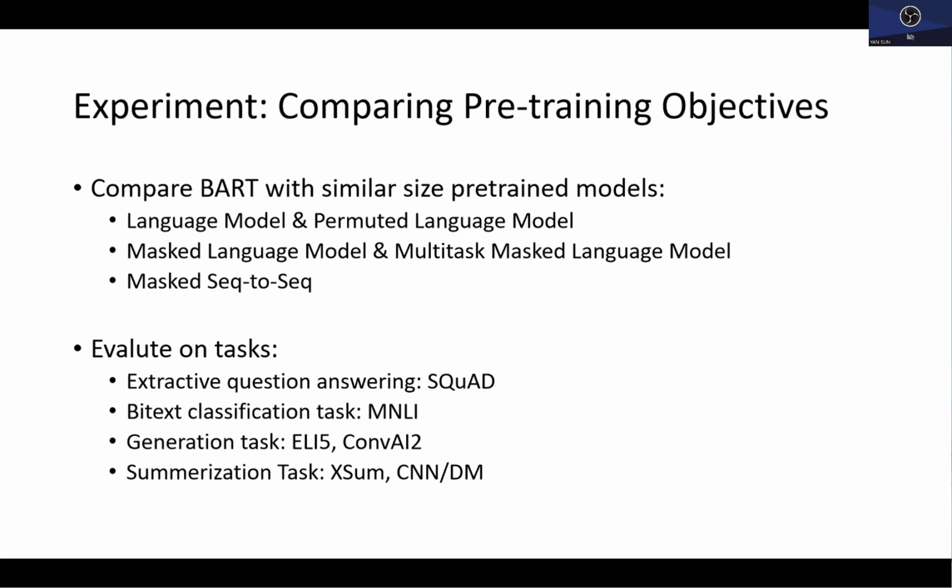Experiment. The paper has done 2 experiments, and the first one is comparing pre-training objectives. What they did is compare BART with other pre-trained models of similar size. These models are evaluated together on the following tasks: question answering, text classification, generation and summarization.